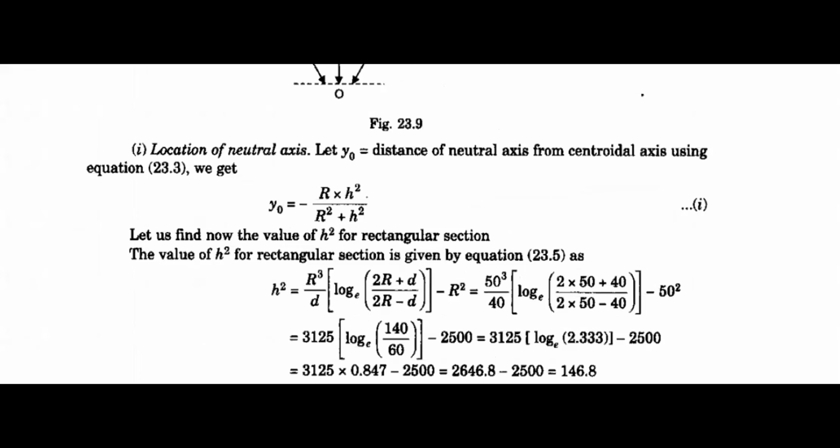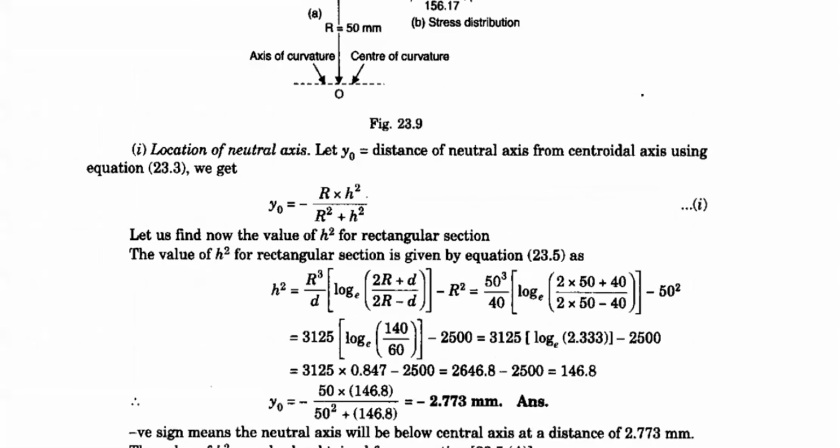For determining the h square value, please observe the equation 23.5. There is a terminology here. What does the negative sign indicate? Please observe the statement. y is the distance from the central axis.